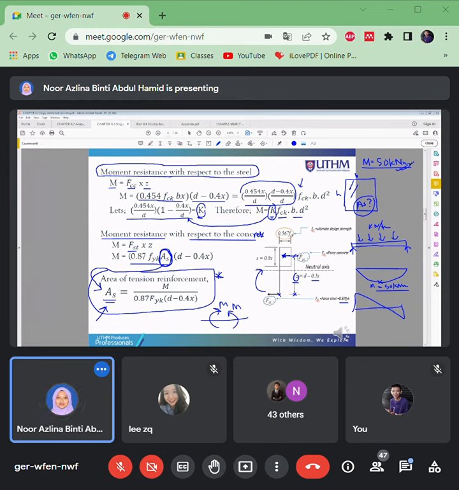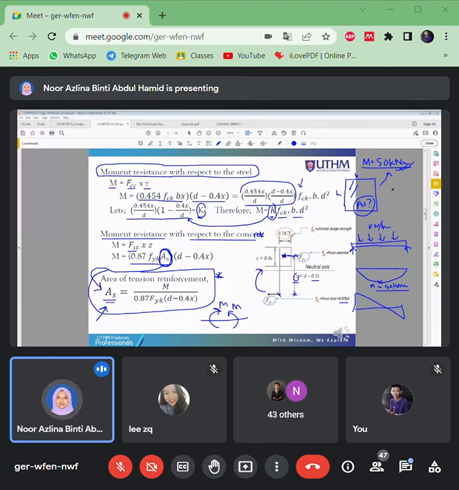Where does this moment come from, and then from this moment, this beam section should resist this ultimate bending moment from the bending moment diagram. So in order to resist this maximum moment, what's the steel reinforcement area that should be provided in this beam section.